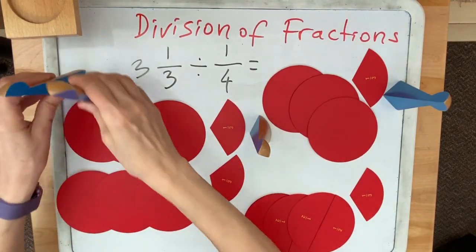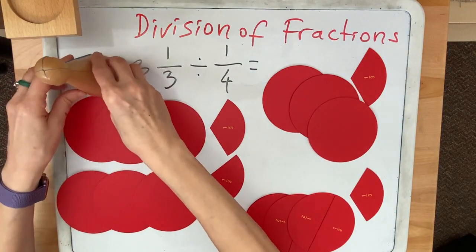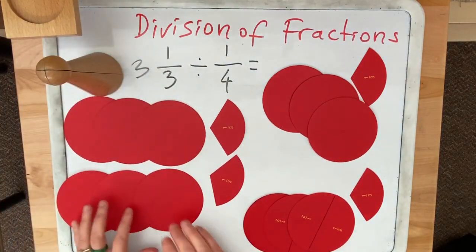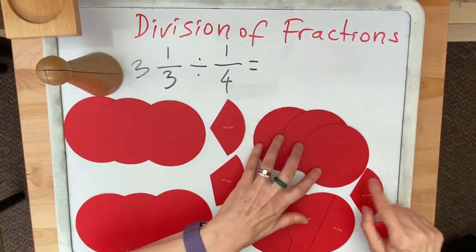So let's turn this into a 1 whole Skittle and add all the quantities.